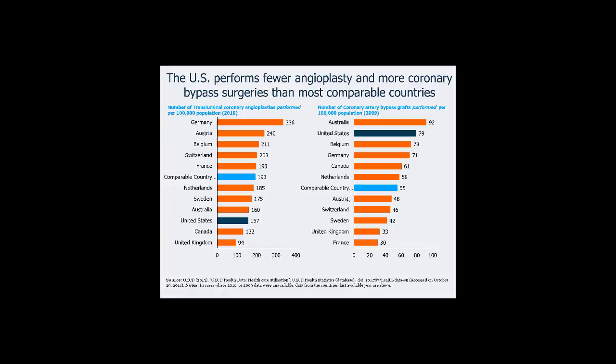We perform fewer angioplasties, which is, if you think, more preventative, and more coronary bypass surgeries, which is what occurs afterwards, than other nations. Again, here's the United States relative to comparable countries.